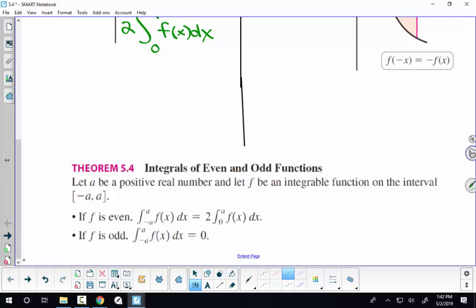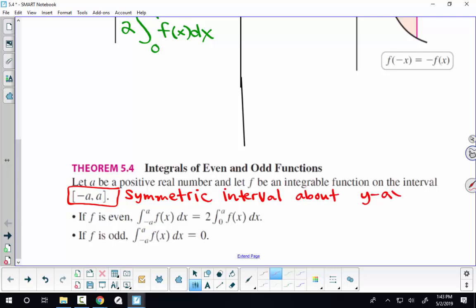The key here is that there's really two things we're paying attention to. One is we've got a symmetric interval about the y-axis, or x equals 0.